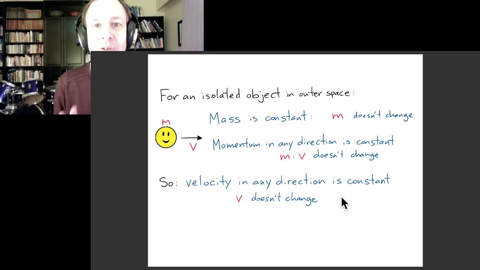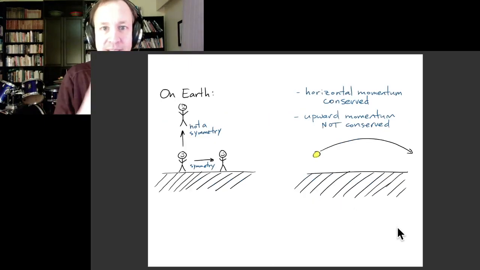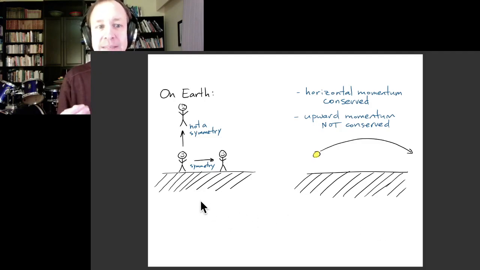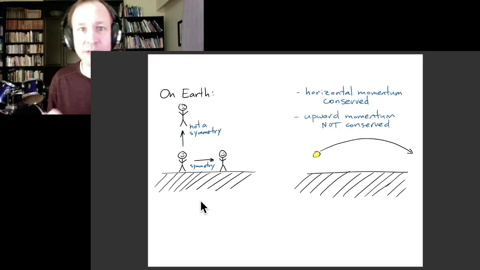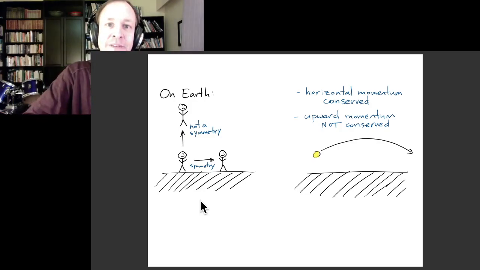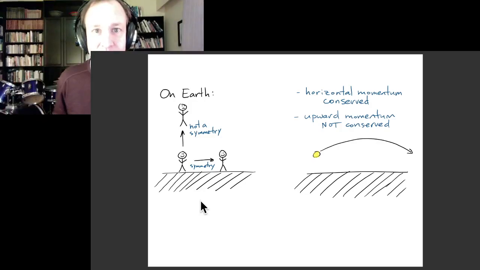Before I go on to the final example that I'm going to talk about with symmetries and conservation laws, I want to give you a slightly more complicated example. I want to give you an example of an environment that has certain translational symmetries, but it doesn't have all of the translational symmetries of outer space. Okay, so I want to imagine physics near the surface of the Earth.